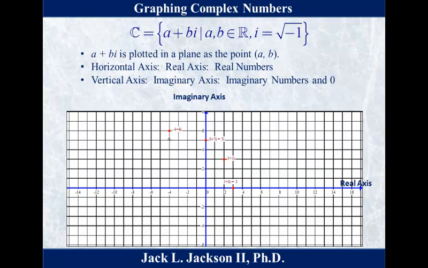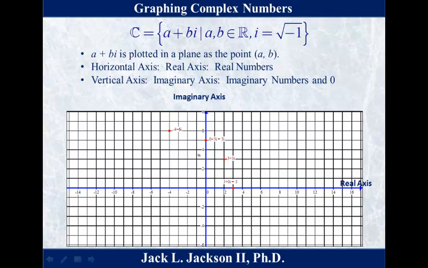So of course if the b part, or y-coordinate, second coordinate, is 0, then you're on the x-axis, or the real axis, and you get a real number. So for example, this dot here on the horizontal axis is 3 plus 0i, which is just 3. That's a real number. The imaginary numbers are the numbers on the vertical axis, except remember 0 is also on the vertical axis, and it's a real number that's not imaginary.